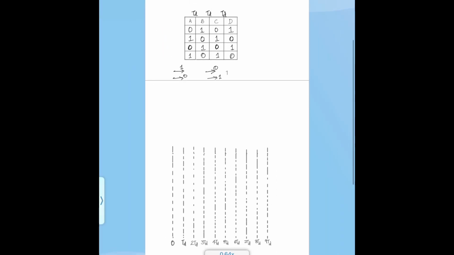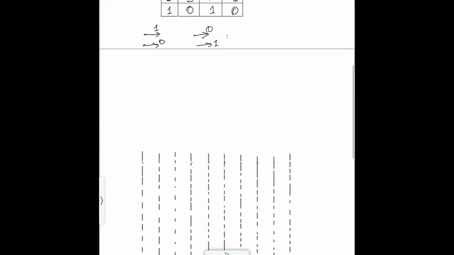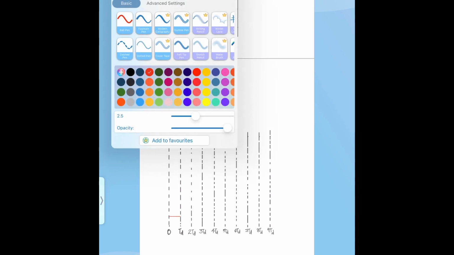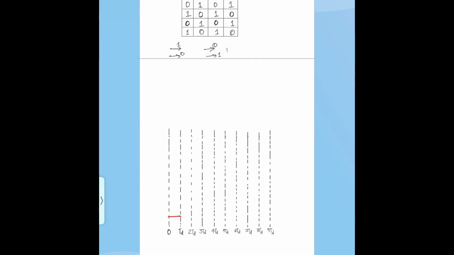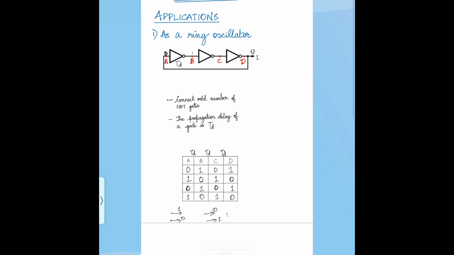So let's complete this in this graph. In the initial cycle, from 0 to Td, it was 0.